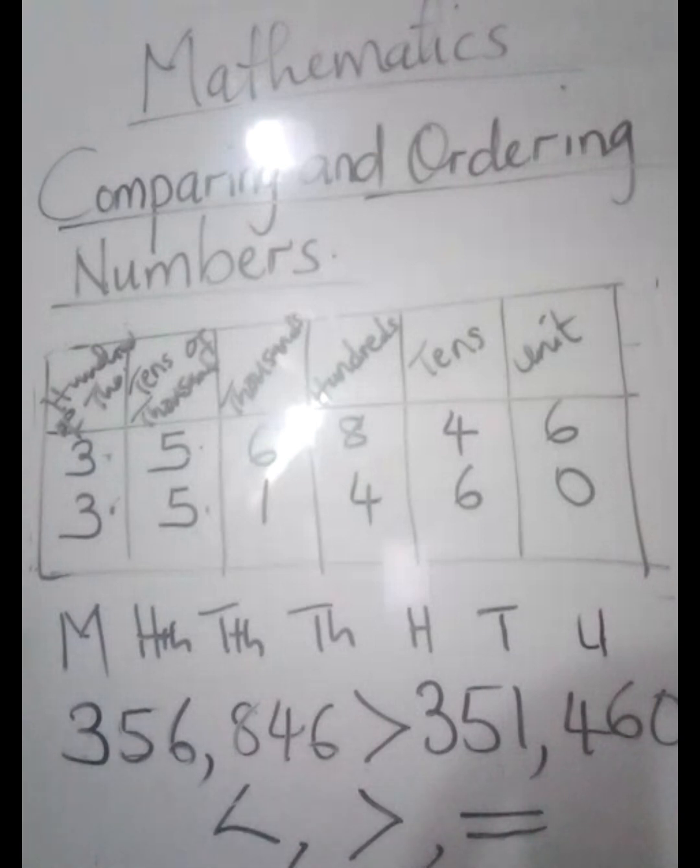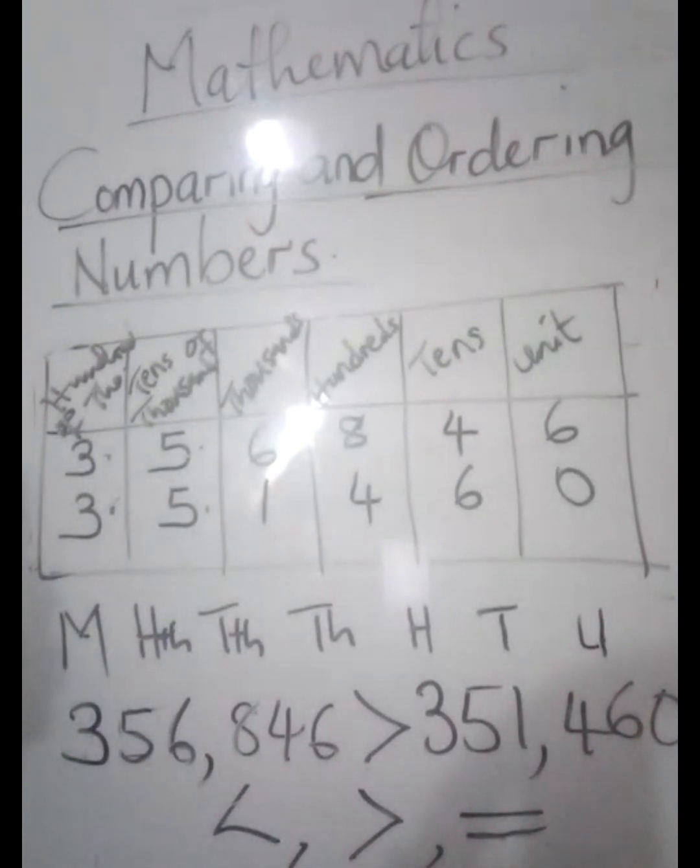It just depends on where you put your number. But the important thing for you to note is the bigger number always stays at the position where the mouth is open to. The part where it seems like the crocodile mouth is open to, that is where your bigger number stays. And the part that is closed is where the smaller number stays.